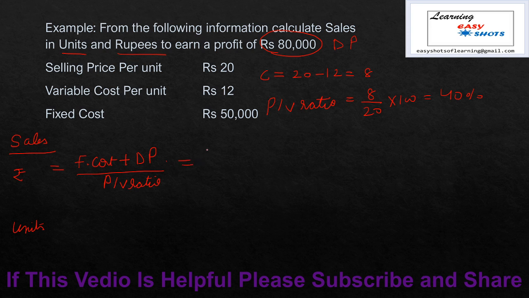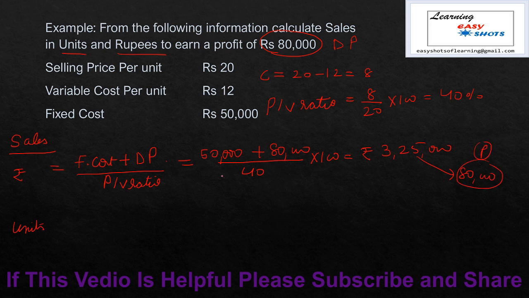Here the fixed cost is 50,000 and the company wants to earn a profit of 80,000. Profit volume ratio is 40%. Now the company has to do a sale of 3,25,000 to earn a profit of 80,000 rupees.